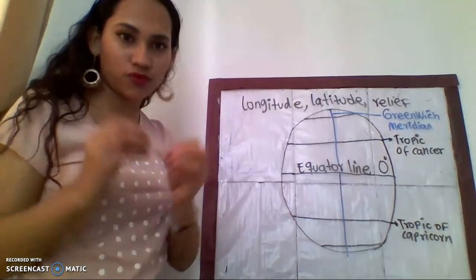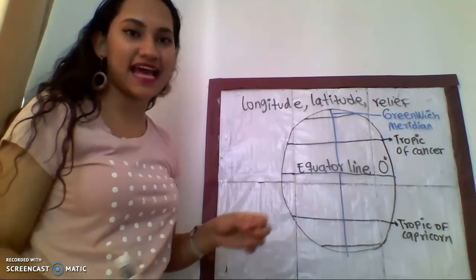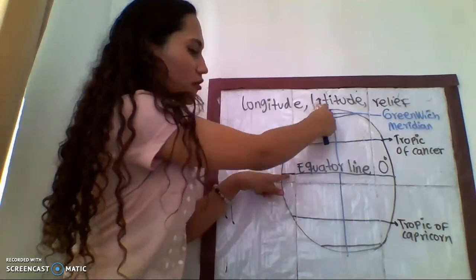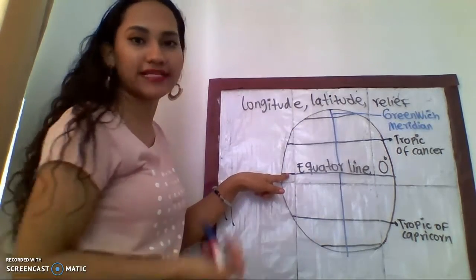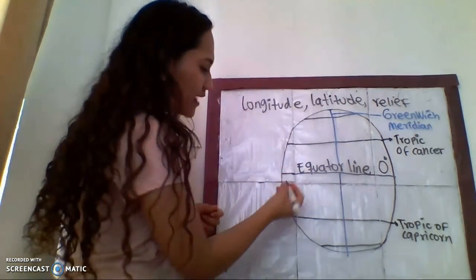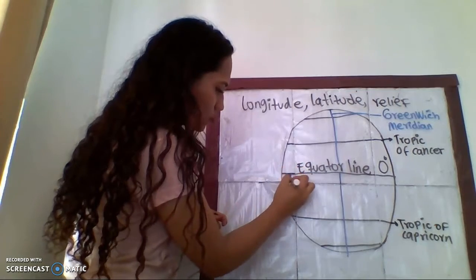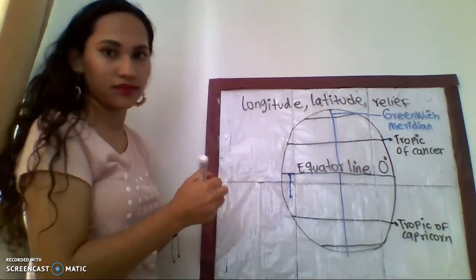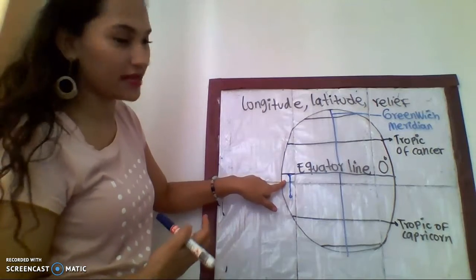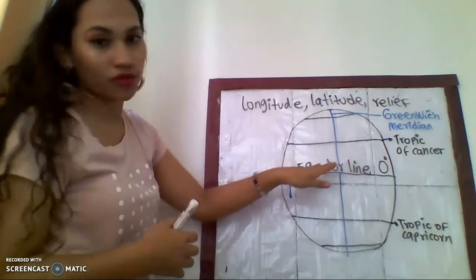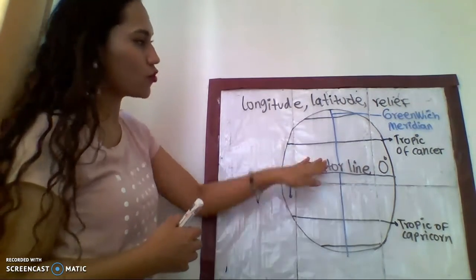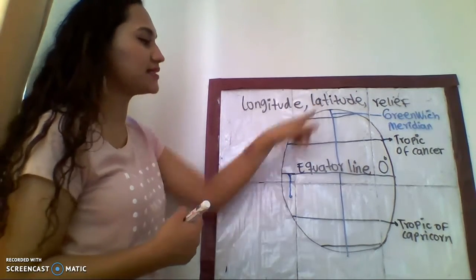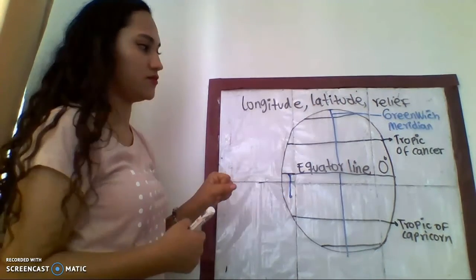Now, the latitude itself is the distance from any of these points to the north and to the south. For example, the latitude from here to this point. The distance, la medida entre cualquier punto de la línea de Ecuador hacia el sur o hacia el norte. This is the latitude.